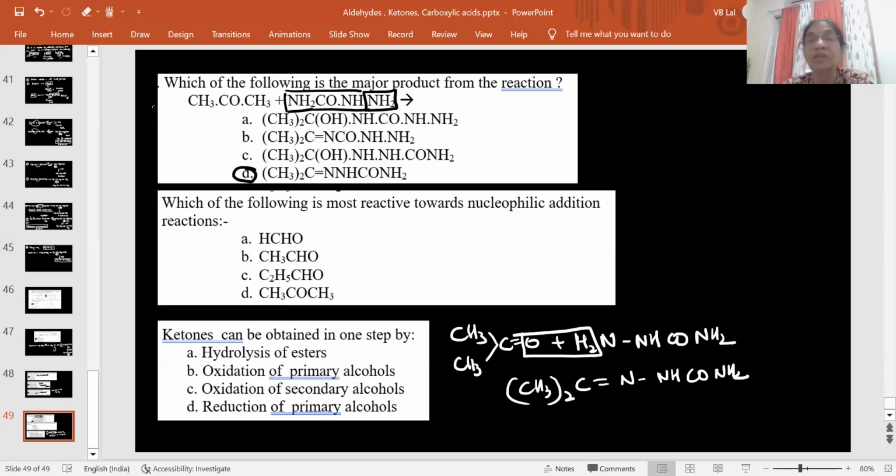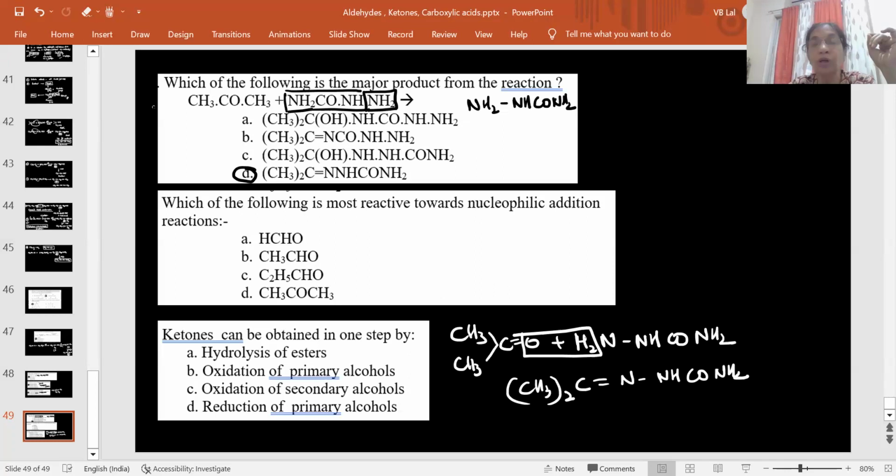This NH2 is not the one. So this is the NH2, and it is a derivative of NH2, NH, CO, NH2. That is the compound, and it is deliberately written in reverse so that you make a mistake. So the answer is D. Be careful here.